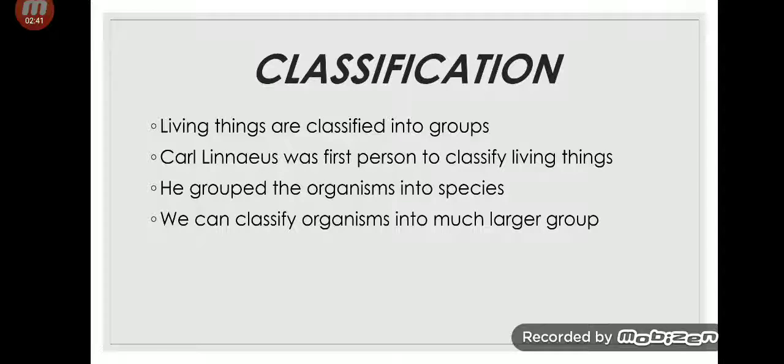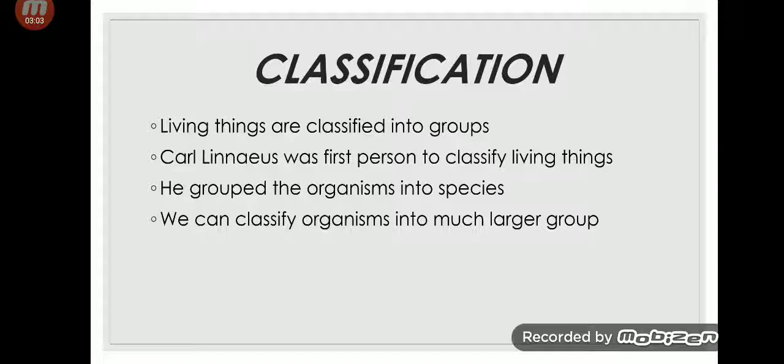The first name is of the genus and the second name is of the species. If you have already seen that lecture, you may know what I'm talking about. So Carl Linnaeus was a Swedish scientist and he was the first person who classified living organisms.